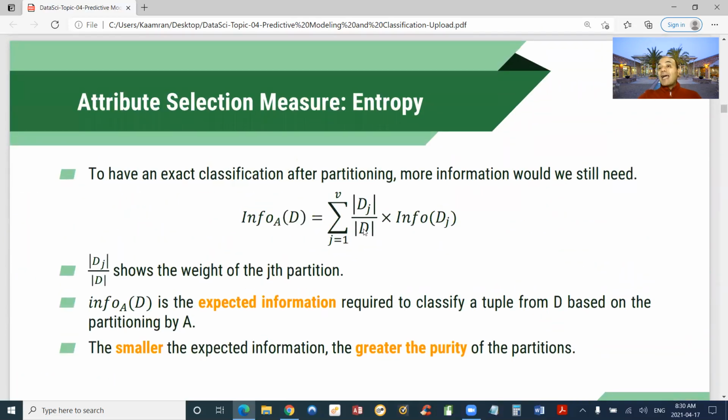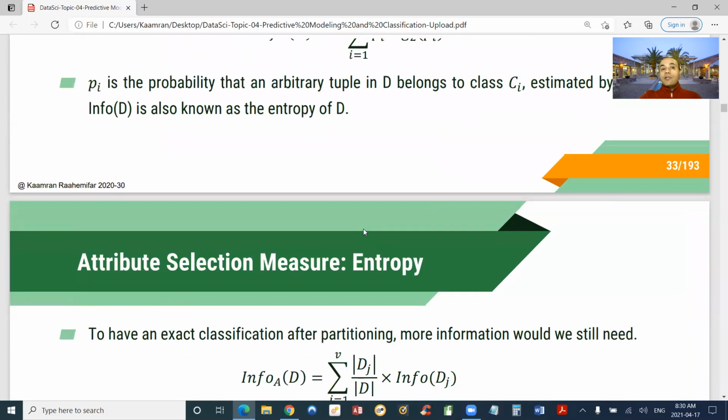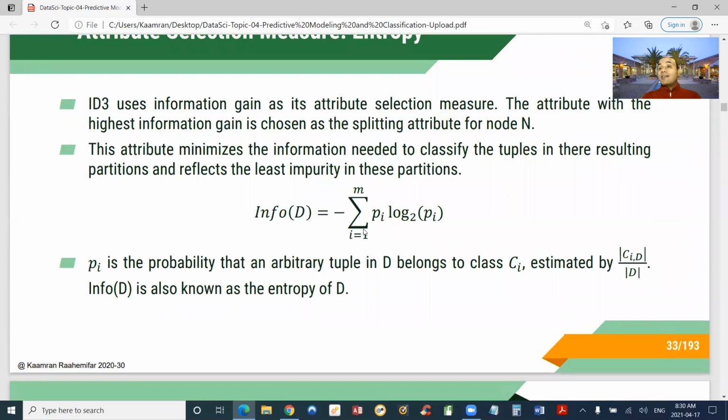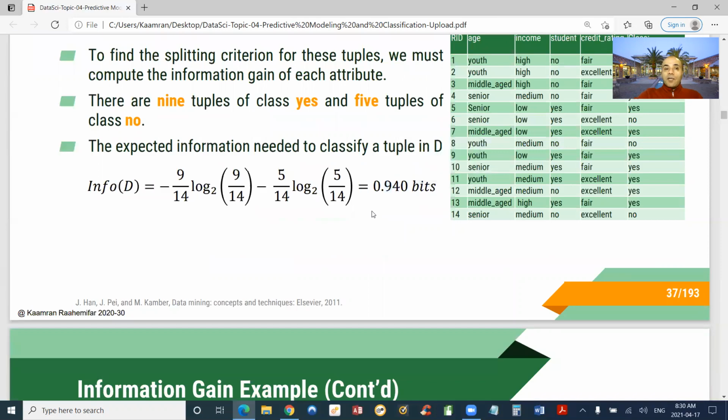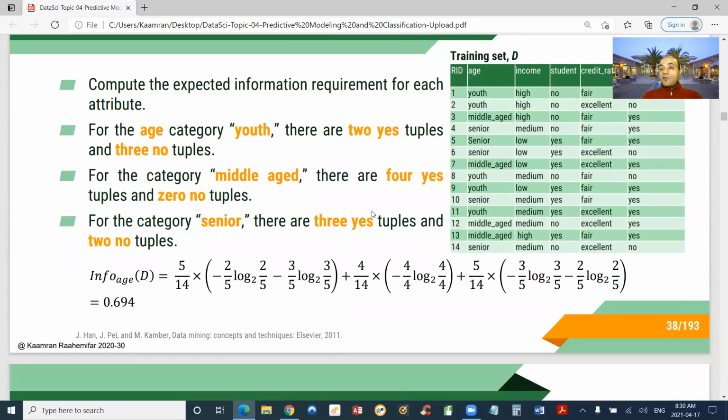But then we are going to calculate the information in respect to the class itself. So it's going to be the yes versus that age category itself. So it's kind of a small set. So the D reflects to the whole set, the C reflects to the small set, okay? So this is what we got. We got 0.694 for the youth, middle age, and senior, and that's going to be the information for age.